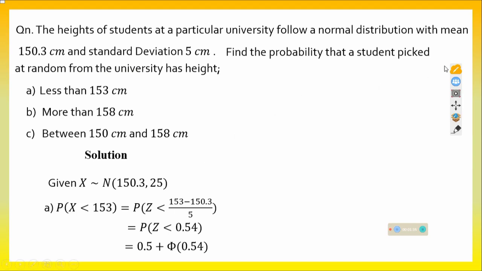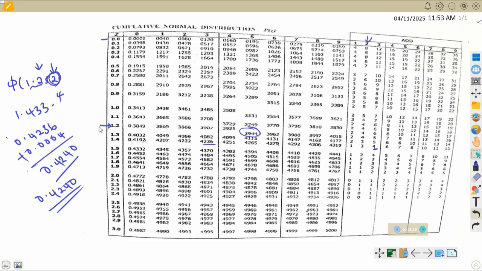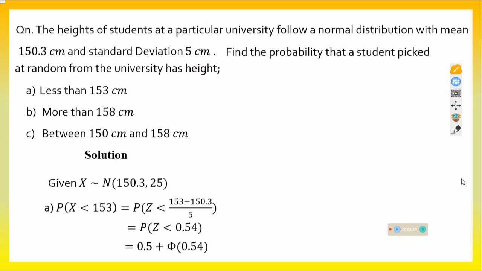So go to your table and get the table reading of 0.54. 0.5 is here, 4 is here, 0.2054. So that will be 0.5 plus 0.2054. So from there, we shall simplify that, and that will be our answer.